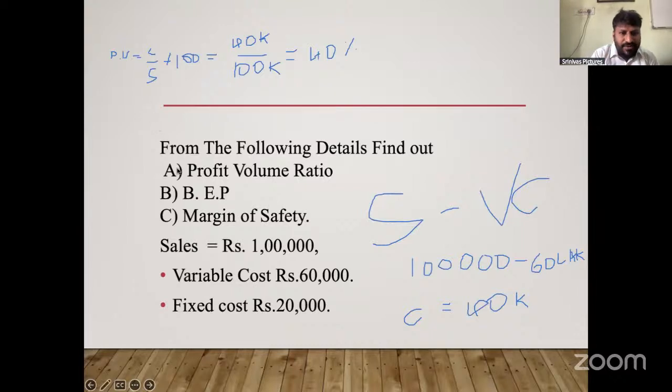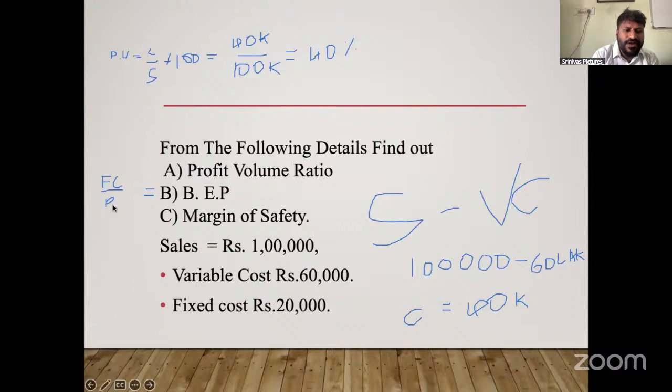The second one is the break-even point. What is the formula? Fixed cost divided by PV ratio.